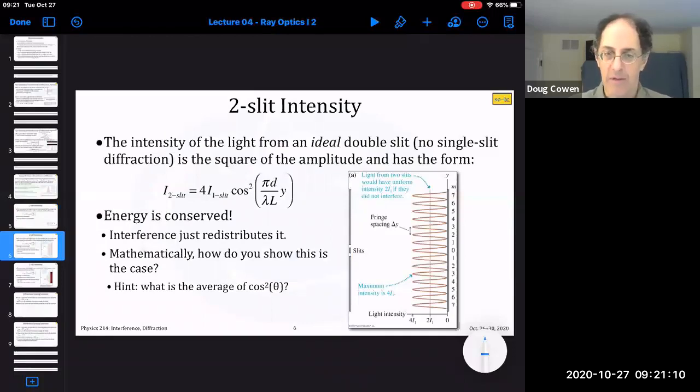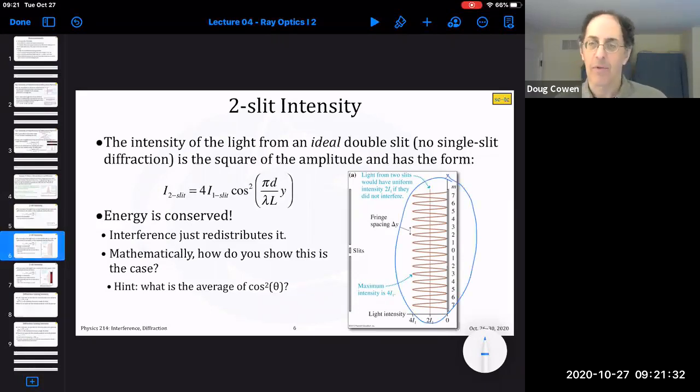But no, in fact, energy is still conserved. What interference does is it effectively just redistributes this light energy, and it takes the light that without interference would be uniformly distributed on the screen, and it causes it to have this pattern here where it's bright in some places and dark in others.